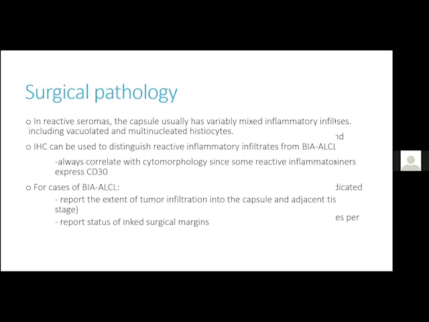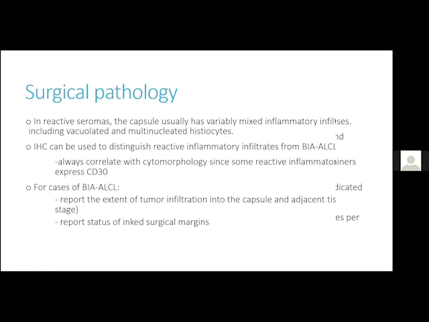Just be very careful to correlate any IHC, especially CD30, with the cytopathology. In my experience, I've always taken these cases to the hematopathologist in my group for help, because they often have the best eye for the diagnosis of lymphoma.